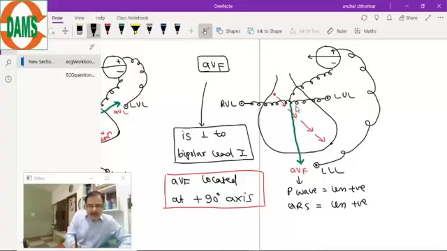So this is oblique to the line of AVF, so it will be less positive. Now, these are the limb leads. Now I will take your test and then I will give you some mathematical calculations also.